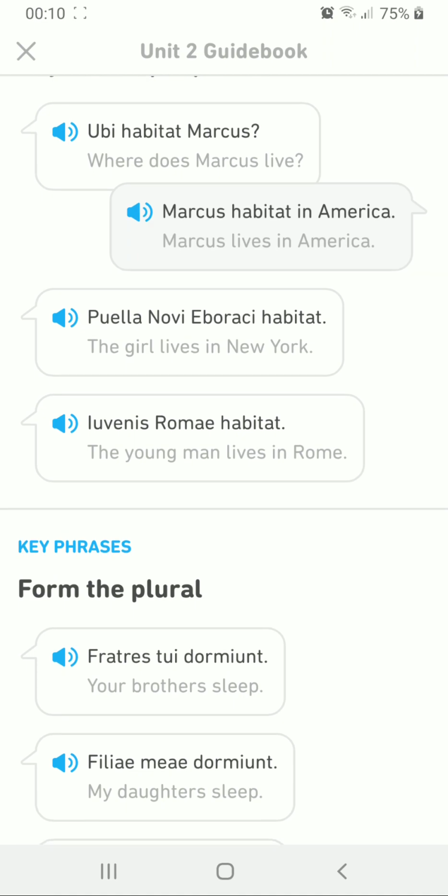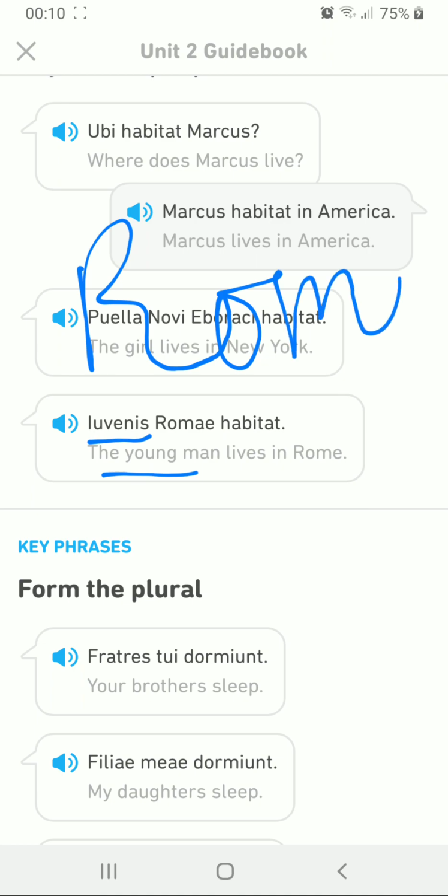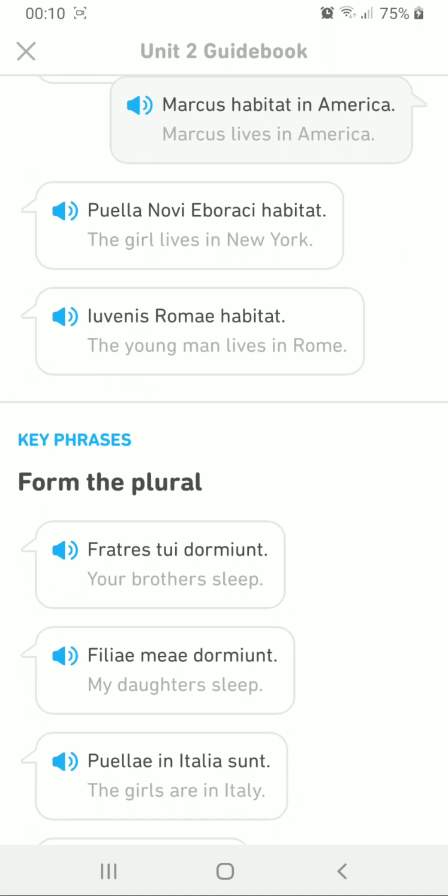Juvenis, remember, it means young boy. Romae habitat. Roma is the name of the city, and Romae is in Rome.